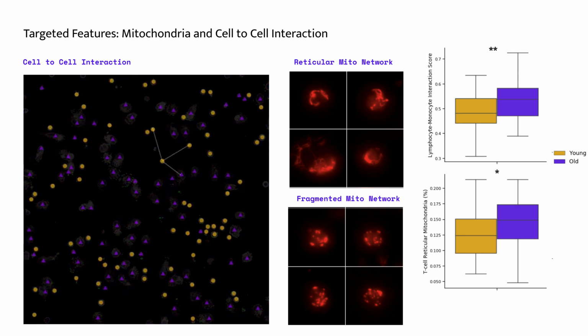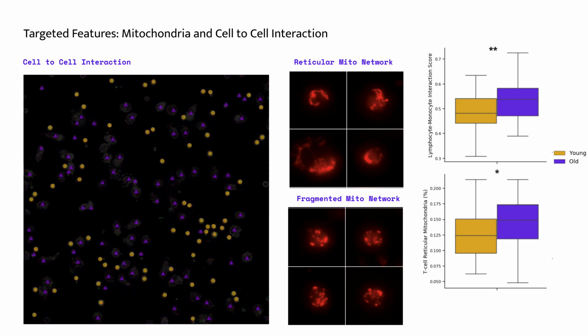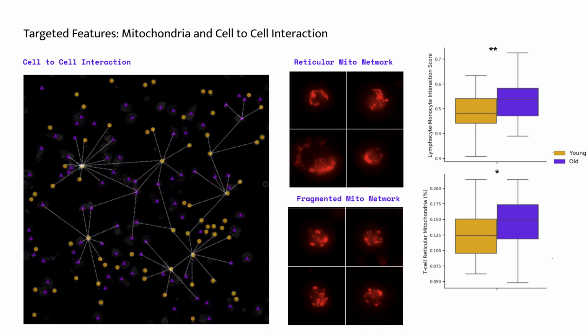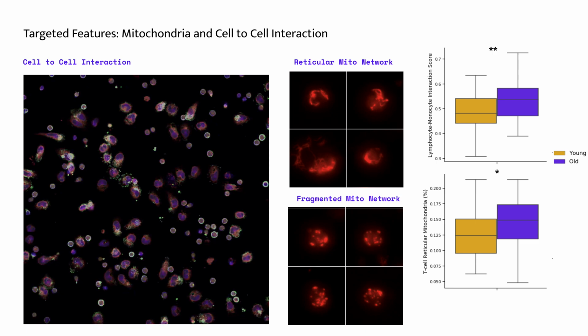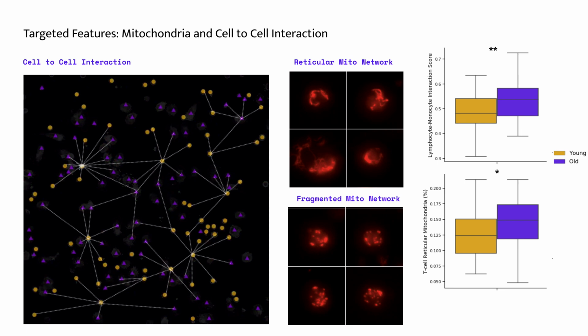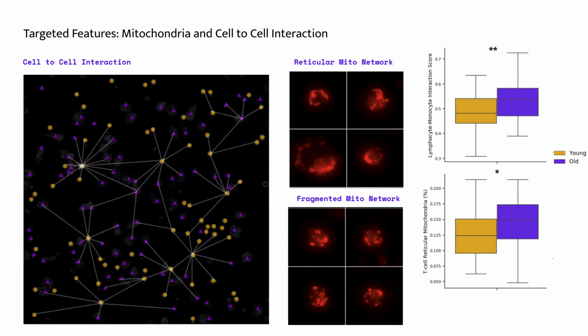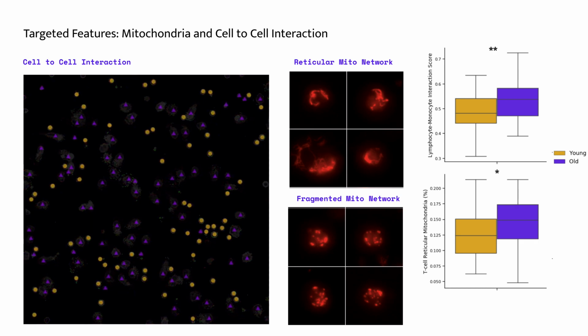We also developed a method to measure the percentage of cells with reticular mitochondria or fragmented mitochondria. Both of these features were significantly different between young and old viral immune response.